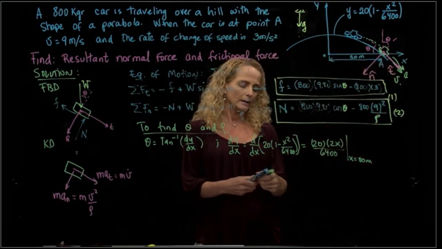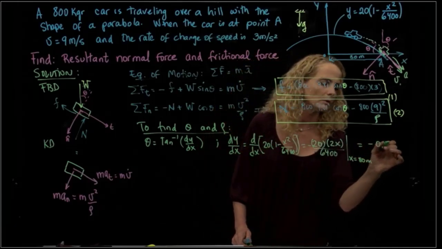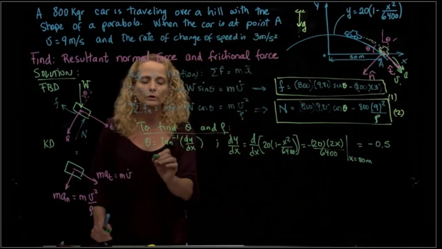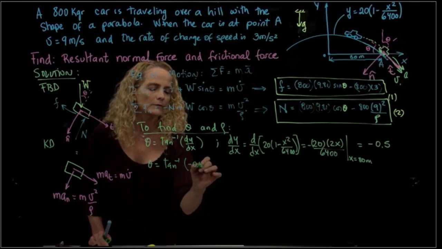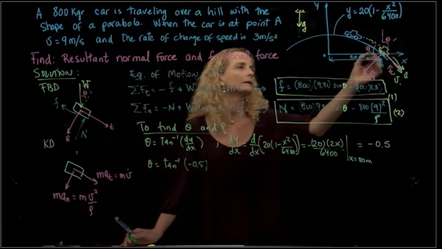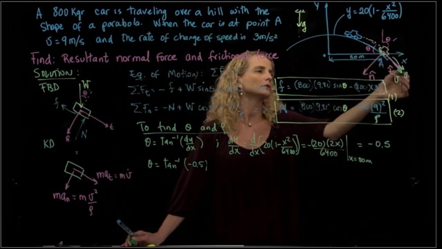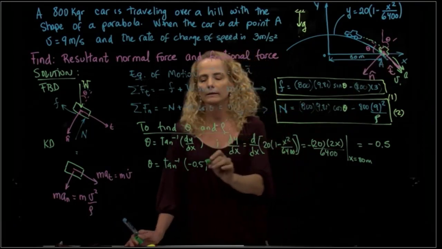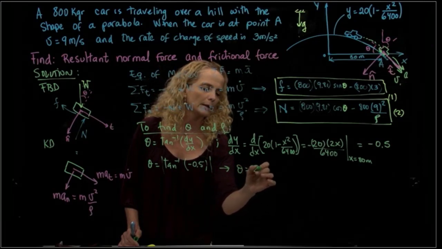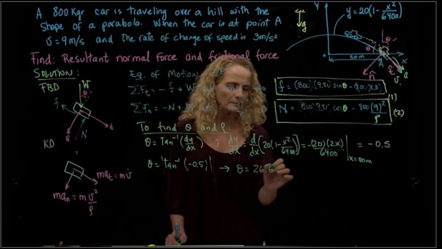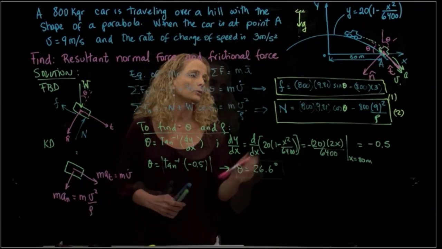When I evaluate that, I get negative 0.5. So theta will be the inverse tangent of negative 0.5. This is negative because it is a negative slope, but since I'm finding the angle, I can take the absolute value, and that gives me 26.6 degrees.